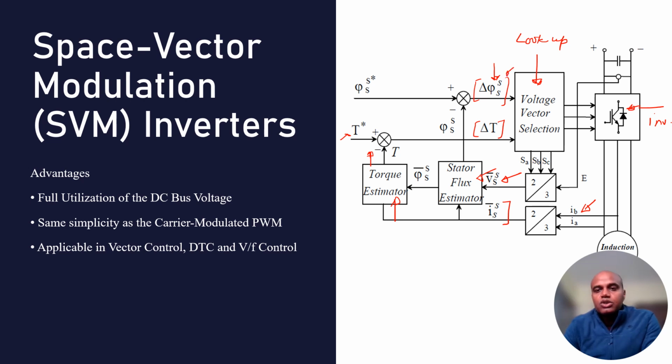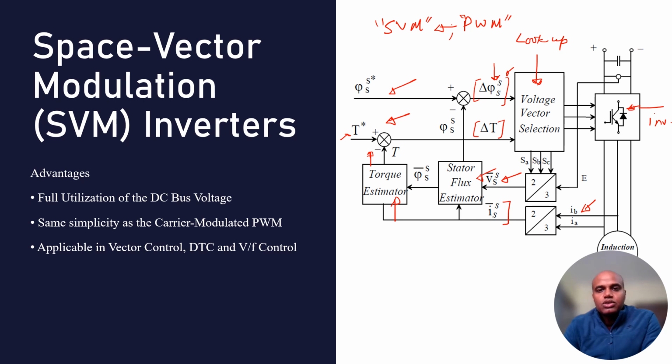Therefore, this kind of switching is known as space vector modulation, also known as SVM. Unlike FOC, which uses a PWM inverter, DTC control mostly works on SVM, and this is how the voltage vector controls the stator flux and also the torque.